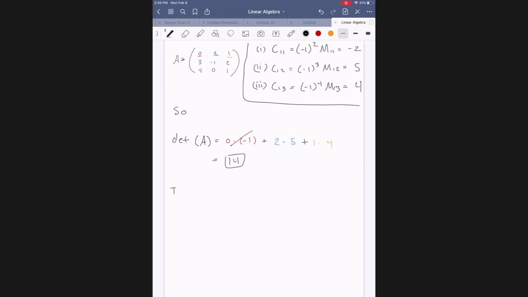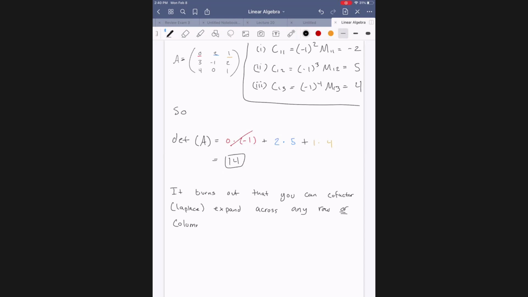It turns out that you can cofactor or Laplace expand across any row or column.